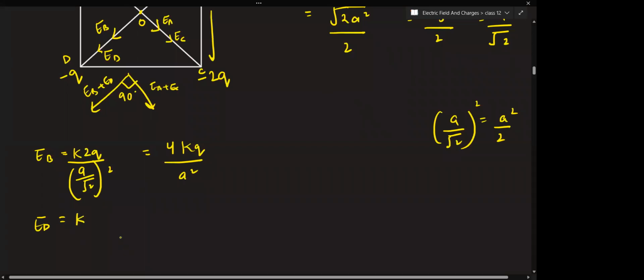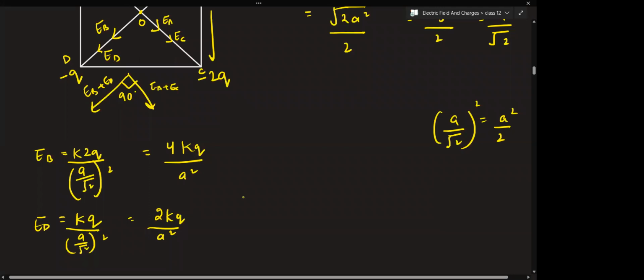K minus Q. Now see, since we are calculating the magnitude, direction we have already taken. So you don't need to take this minus sign. So this will be KQ for ED divided by A by root 2 whole square. So this becomes 2KQ by A square.